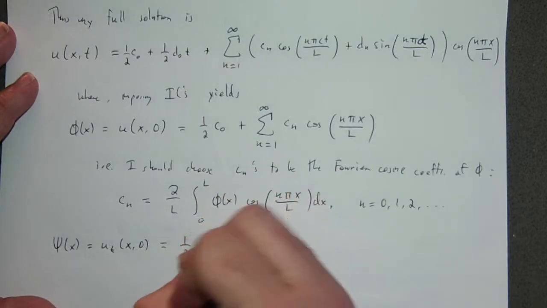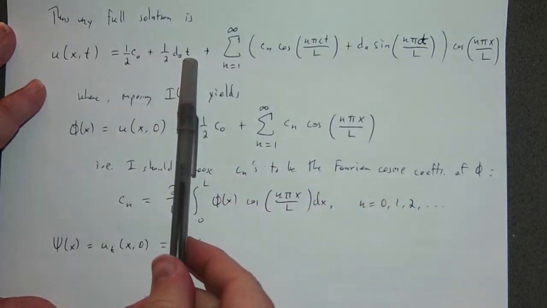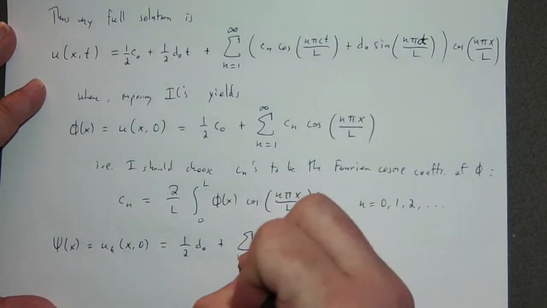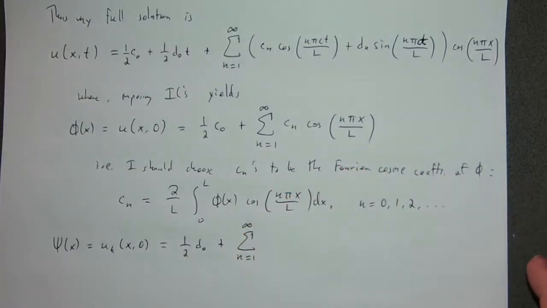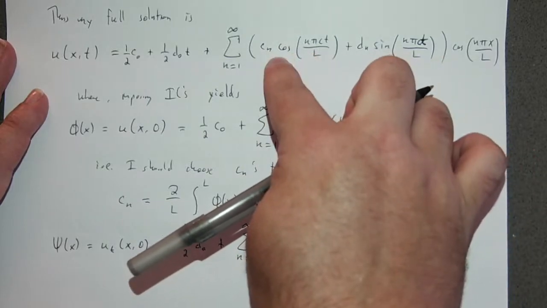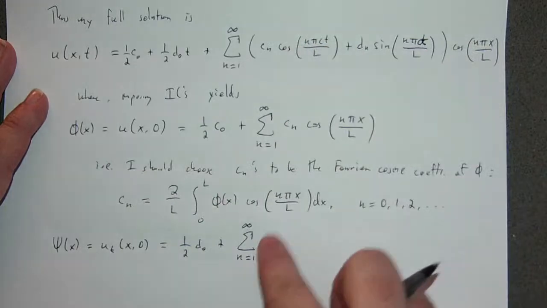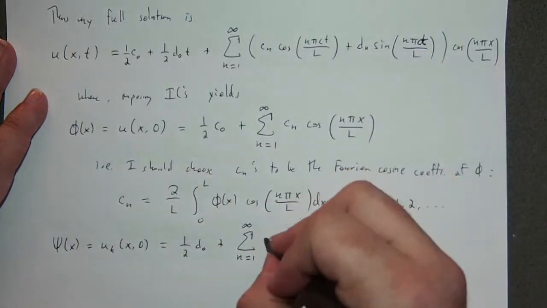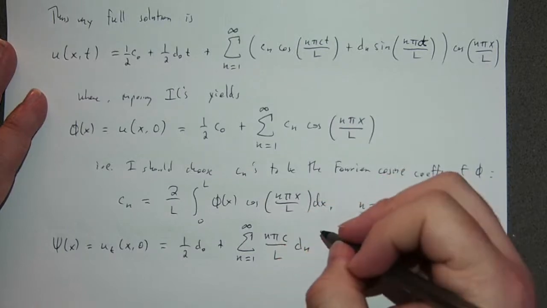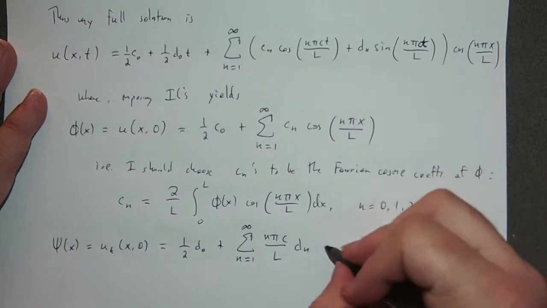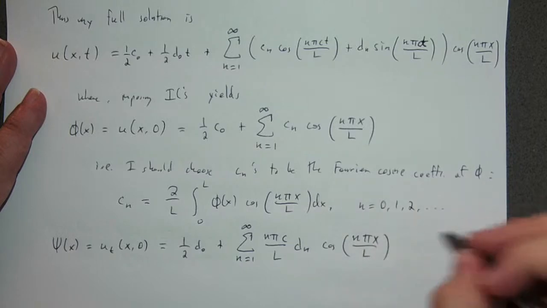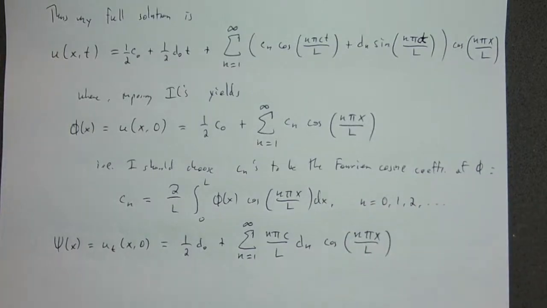So this is u sub t of x, 0. This is 1/2 d naught, right? Because I took the derivative here, so there's no t to evaluate. Plus the sum from n equals 1 to infinity of, like I said, this becomes a minus sign times some constant. I don't care. When I plug in 0, I get 0. Here, this becomes n pi c over L times d sub n times cosine of n pi x over L. Okay.